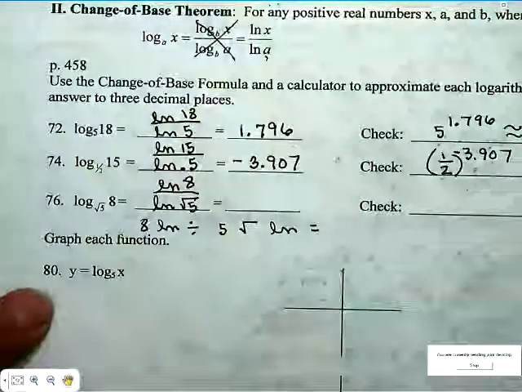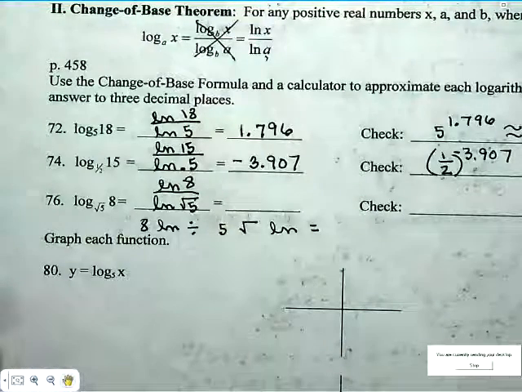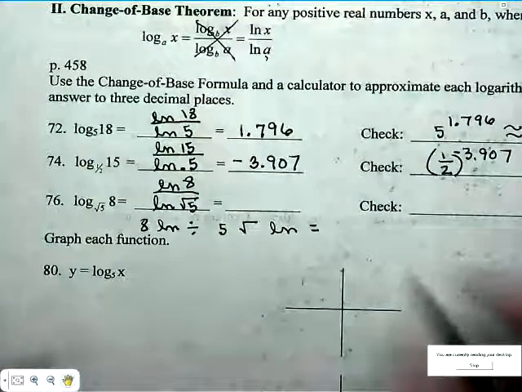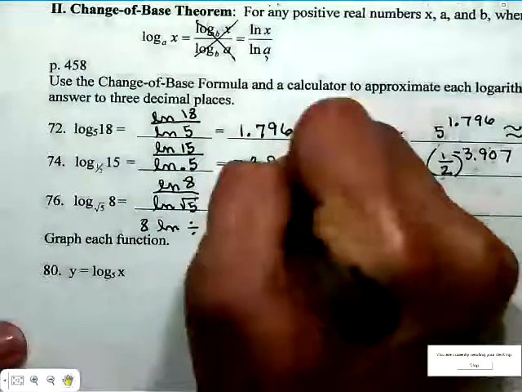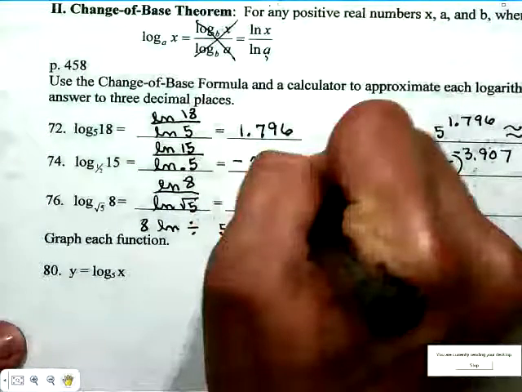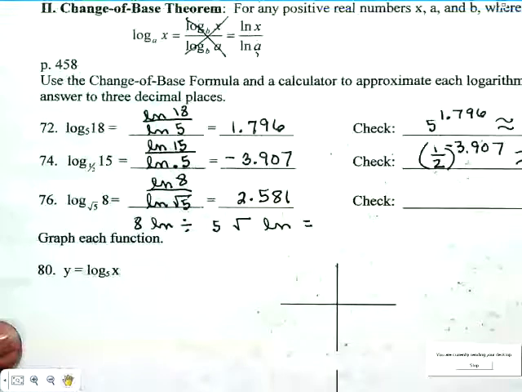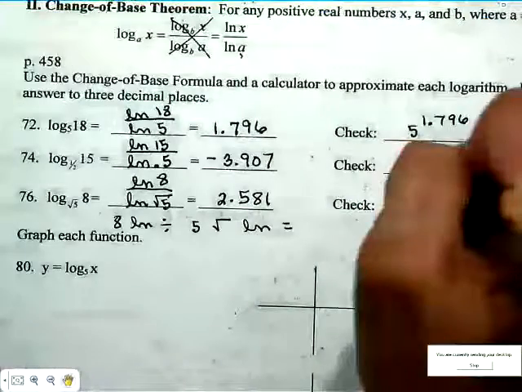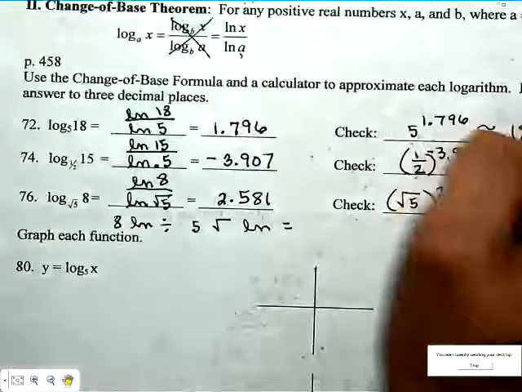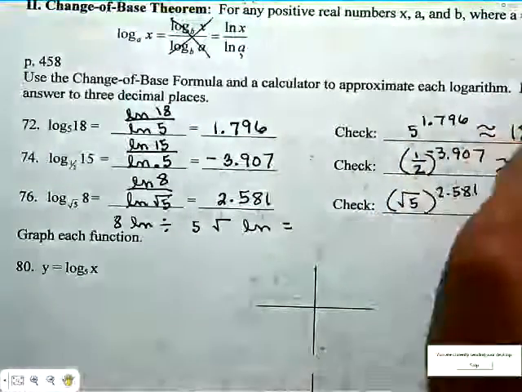Somebody give me 3 decimal places. Anybody second that? You should be able to check: square root of 5 to the 2.581 should give you something darn close to 8.